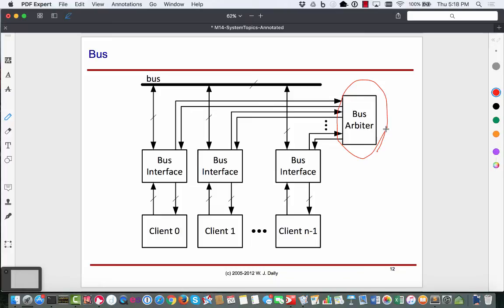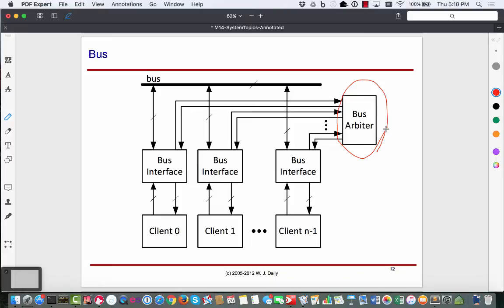So you may have a high-end RAID controller for your hard drives. Maybe you have some graphics card. Maybe you have some sort of a motor controller, because maybe this computer is controlling a robot or a car. So there are boards you can plug in, and each one of those represents a client.